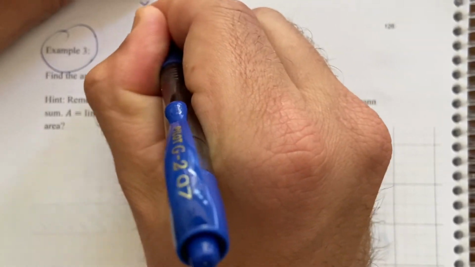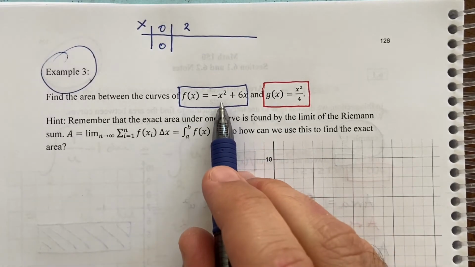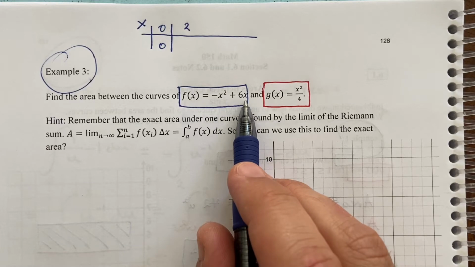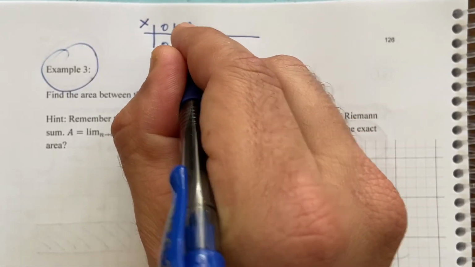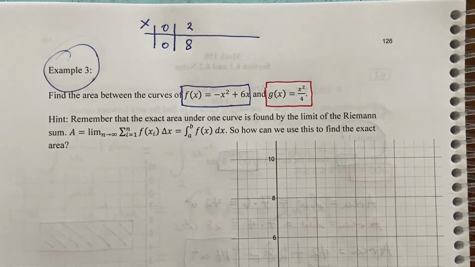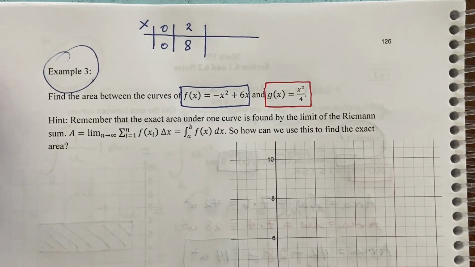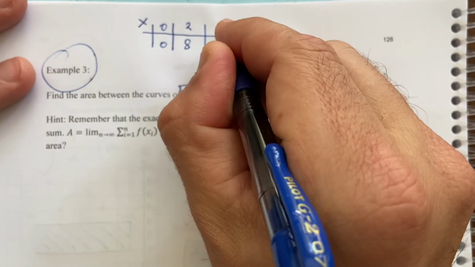So at x equals 2, maybe I'll make a little table up here. So at 0, I got 0. At 2, plug in a 2, we get -4 plus 12. So it looks like a 8. Let's see, maybe I'll go to 4.